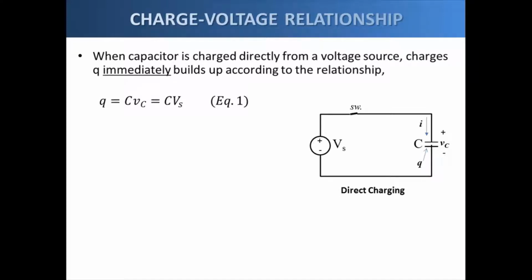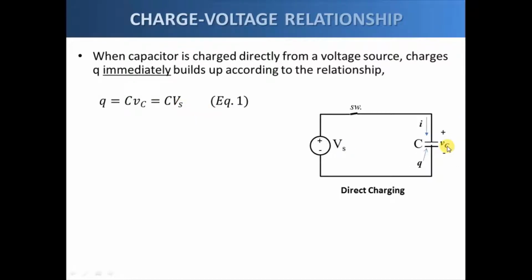So let's say we have a capacitor. So the voltage across it is identified as V sub C. And let's say this capacitor is being connected directly to the voltage source V sub S. Now, if we do this, the capacitor will actually charge immediately with a Q equals to the relationship that we have covered earlier, which is C times the voltage applied to the capacitor.